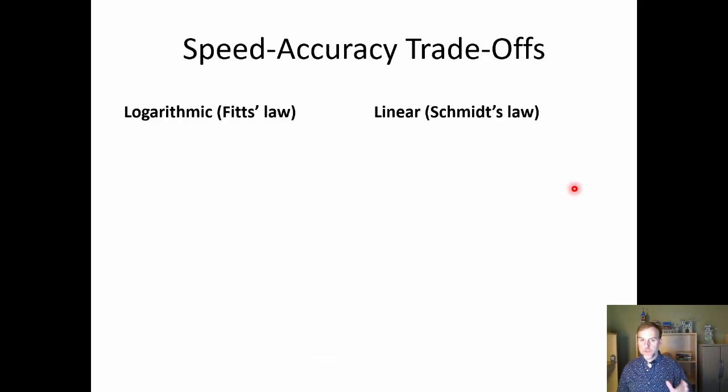Let's compare Fitts' law to Schmidt's law. We'll get to the dependent and independent variables in just a moment, but the first thing I want to mention is that most of our movements in daily life probably fall within the Fitts' law paradigm. Remember, in Fitts' law, we tell you to move to a target as quickly and accurately as possible.